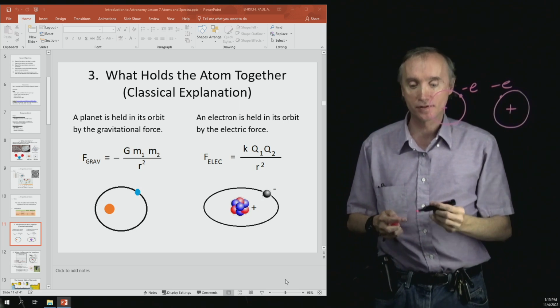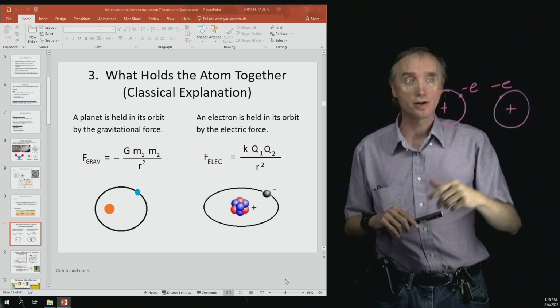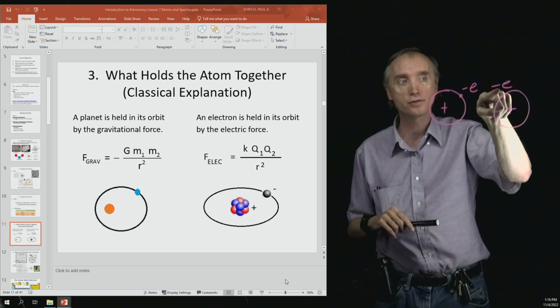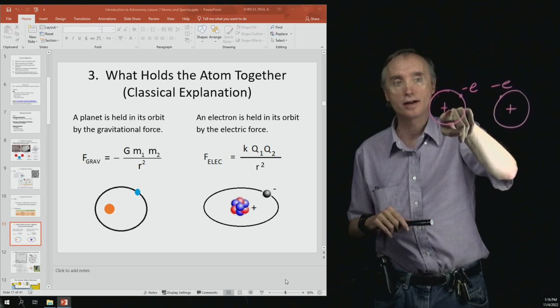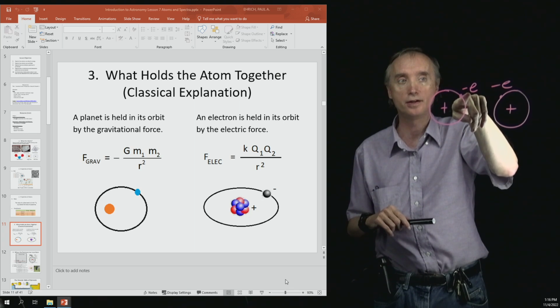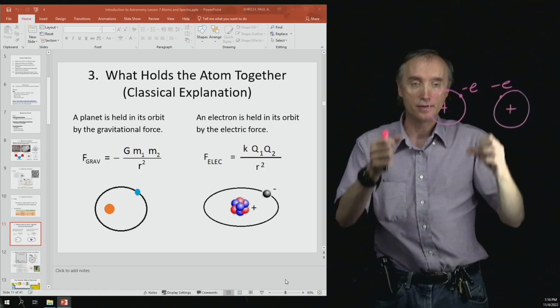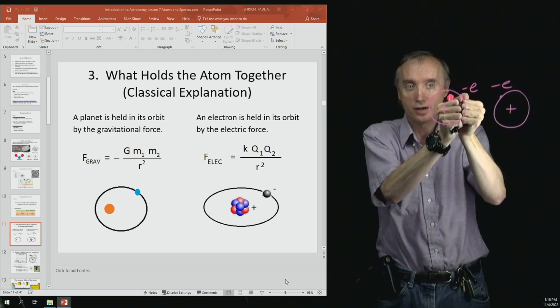If two atoms are getting close to each other, this negative electron is going to be attracted to this positive nucleus, and this negative electron would be attracted to this positive nucleus, and then the two atoms would come together.